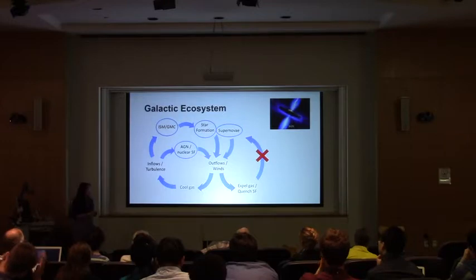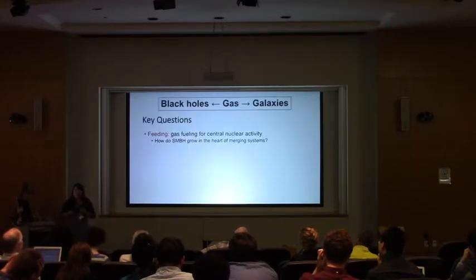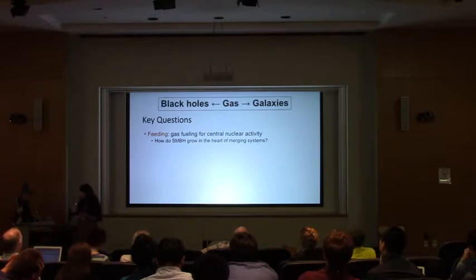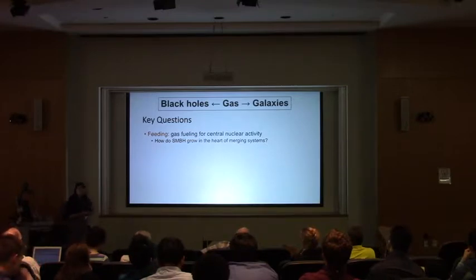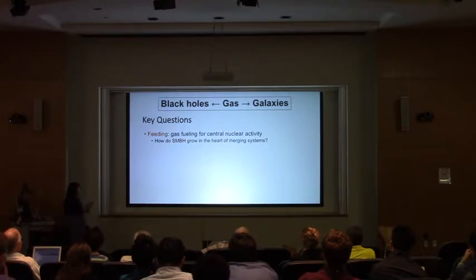And so, given that the gas flows in this whole system are so vital to understanding how galaxies may evolve, then we ask some big picture questions regarding feeding and feedback from the observational point of view. We don't really understand to some degree how gas fueling actually works in terms of feeding the central nuclear activity.